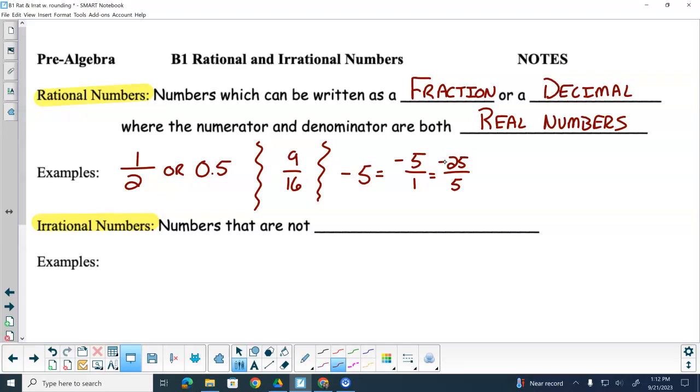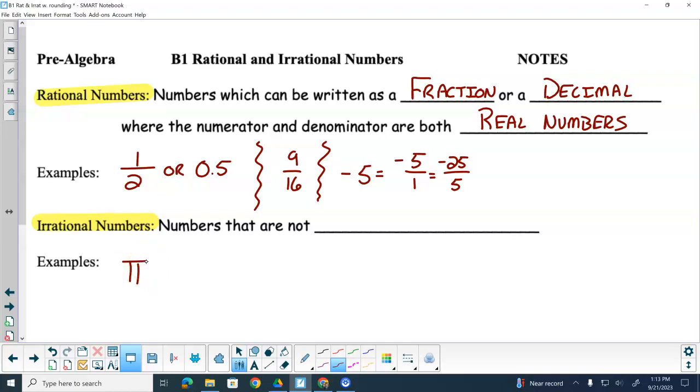So that's a rational number. What's an irrational number then? If a rational number can be written as a fraction, what's an irrational number? No, 0 can be written as a fraction. 0 over 2, 0 over 1, 0 over any number. Pi is not rational. Correct. Pi is an example of a non-rational number.